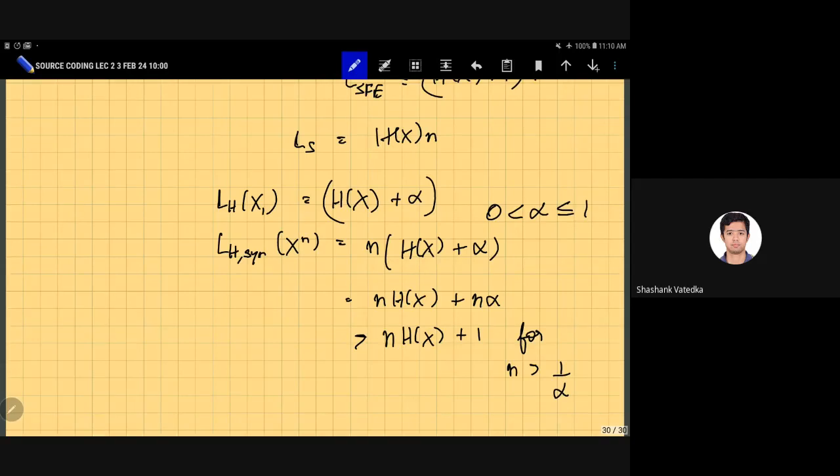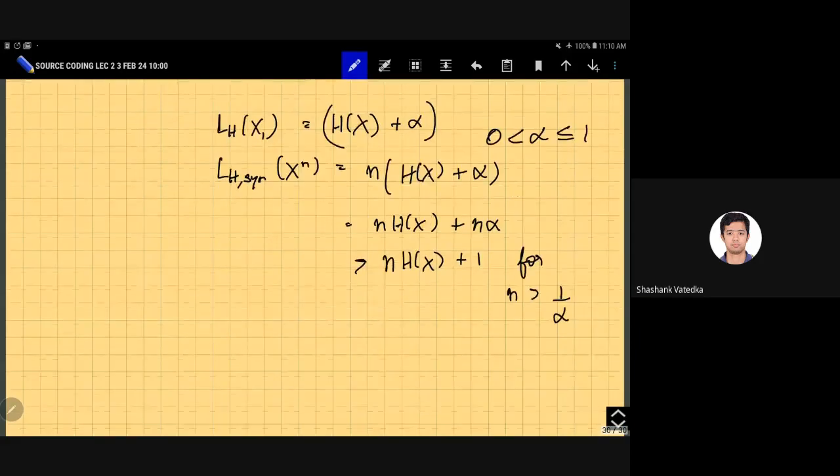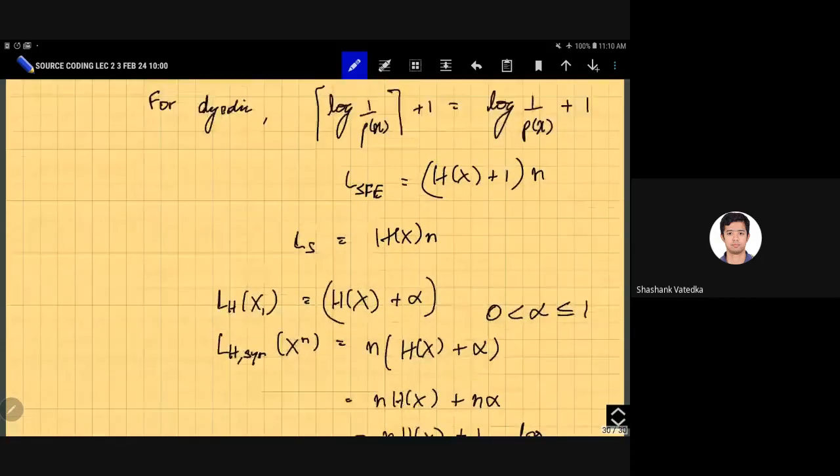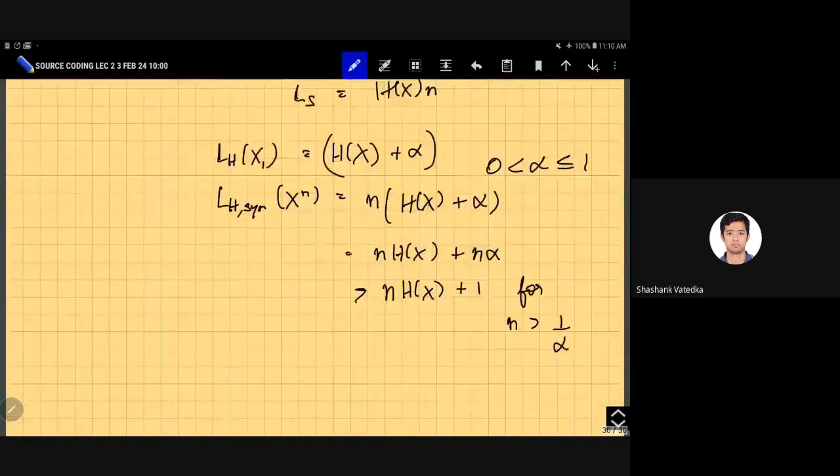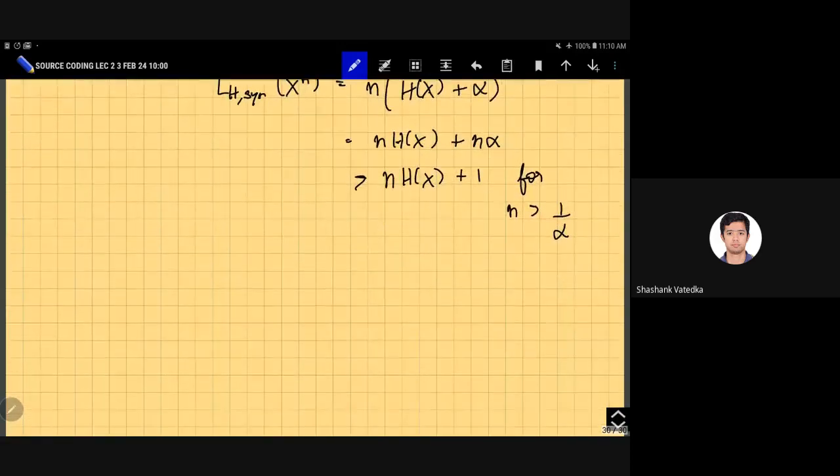So symbol-wise Shannon-Fano-Elias code achieves, sorry, what is the question? Right, so that was a point. If we have a dyadic source, what does the Shannon-Fano-Elias encoding do?